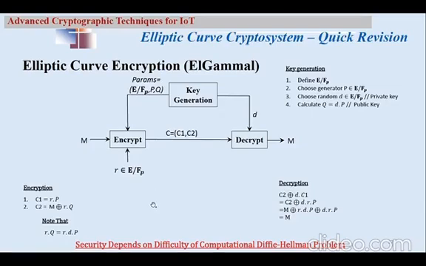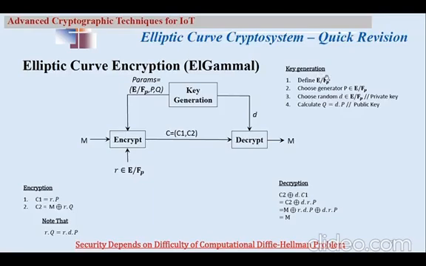If you remember, when I was discussing the RSA encryption system in the last class, I discussed deterministic and probabilistic encryption systems. The example that I discussed there is an example of a deterministic encryption scheme. But here you can see this is a probabilistic encryption scheme. How are we doing this?